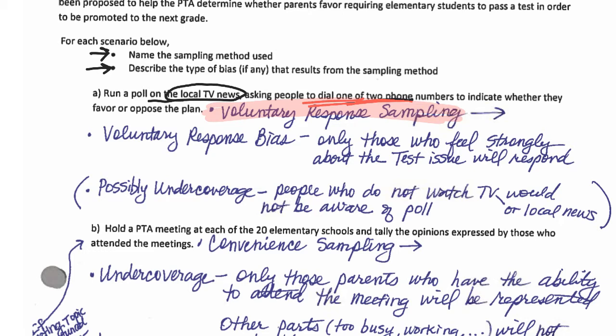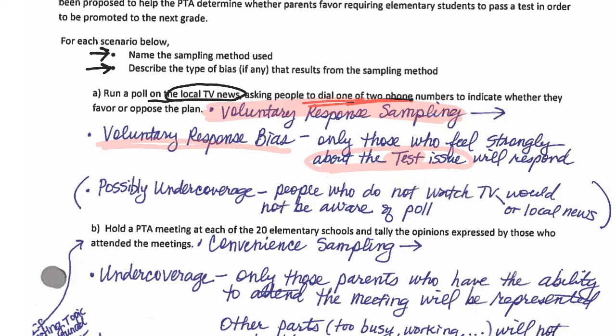And that is of course voluntary response bias, because only those who feel strongly about the test issue respond. Make sure you put context in there, not just about the issue. When you explain, always put it in reference to the context, not just a definition.